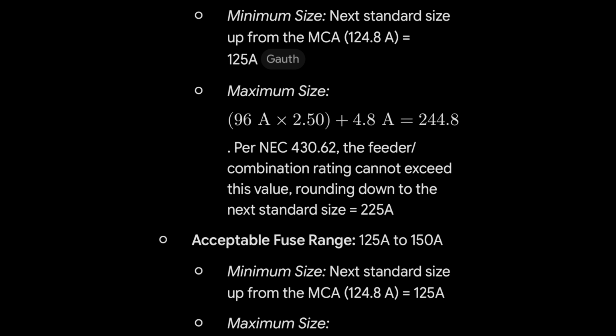So per NEC, we can run that down to a 225 amp breaker. Same with our fuses, same calculation, but we use 1.75 instead of 2.5. We come up with 150 amp for the largest size fuse. So that's what it's going to return.